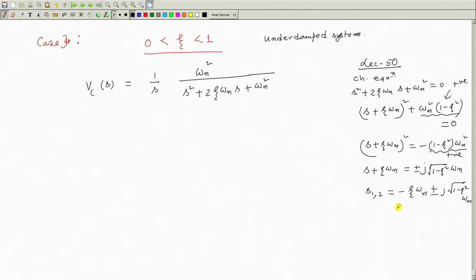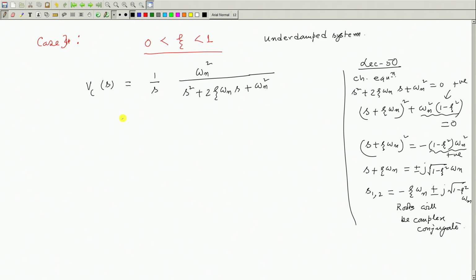So, system roots will be complex conjugate. Anyway, this is behind the scene; you try to understand.